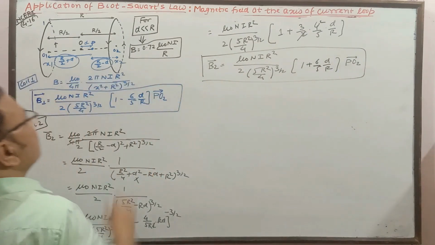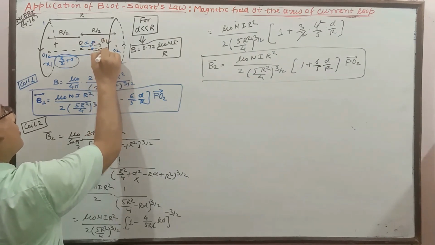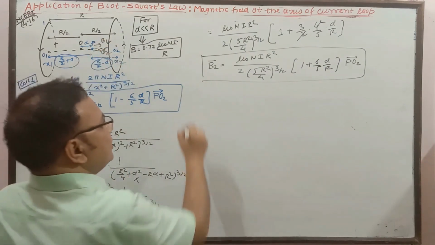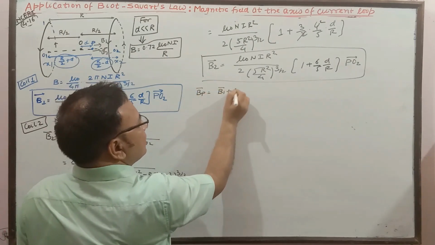Both B1 as well as B2 are in the same direction. So the net magnetic field at point P is equal to B1 plus B2.